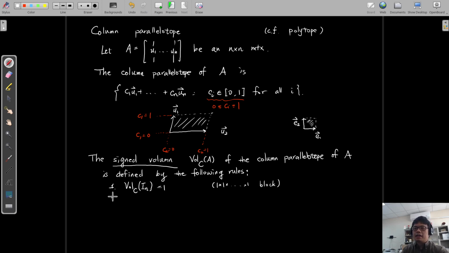And then, secondly, we can use all sorts of actions that we learned in the previous page.